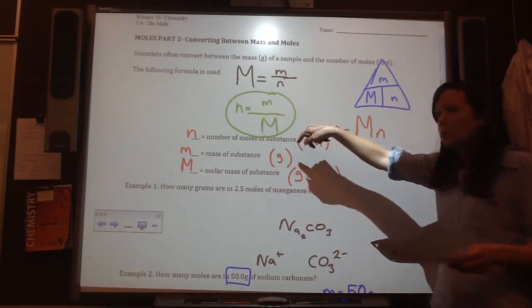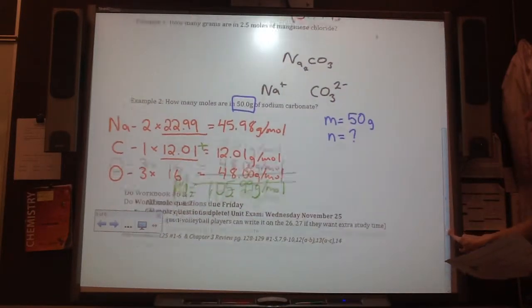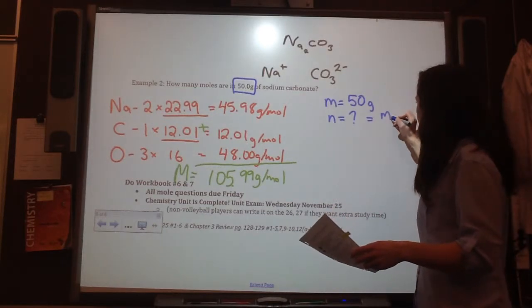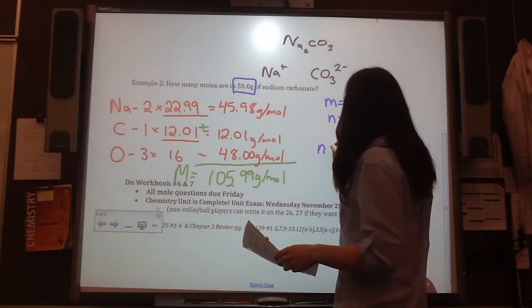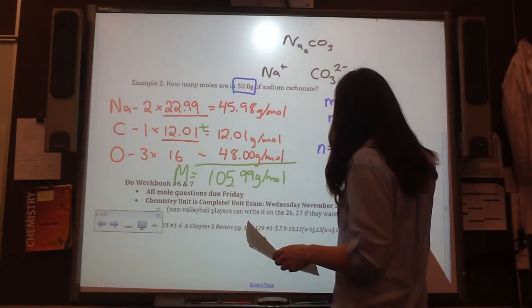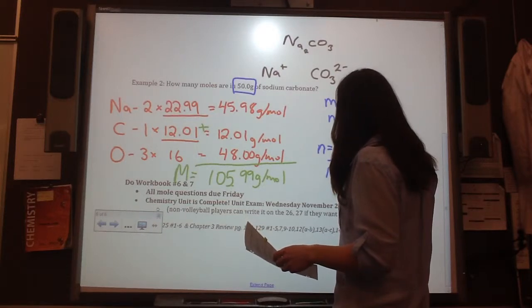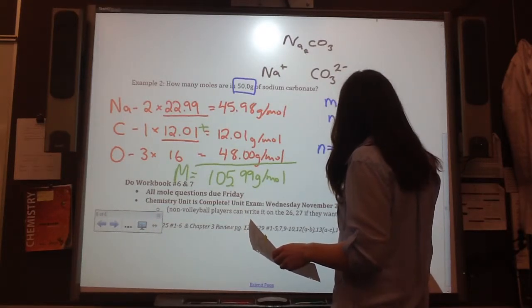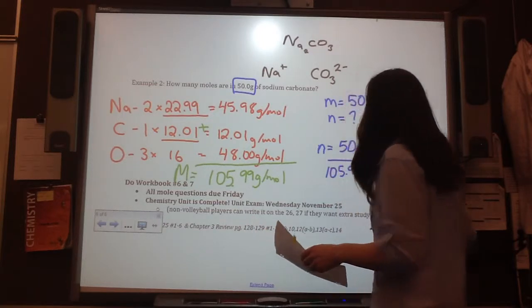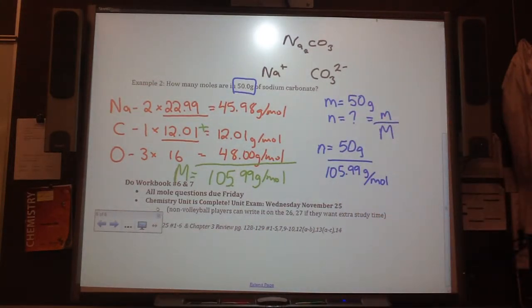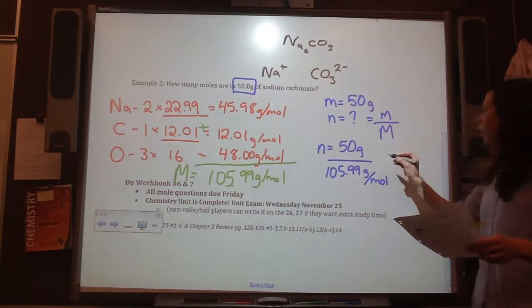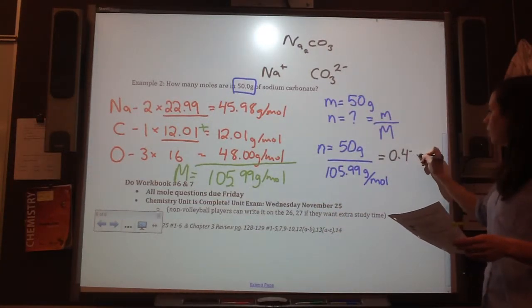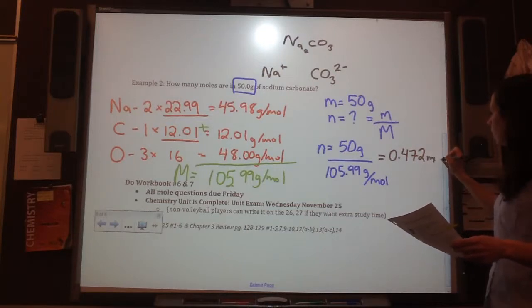And we said n is equal to little m divided by big M. So then we can put in our values. So n is equal to 50 grams divided by 105.99 grams per mole. I get 0.472 moles.